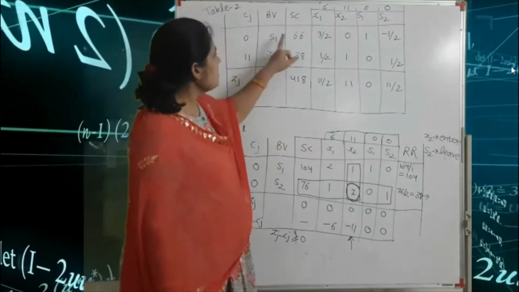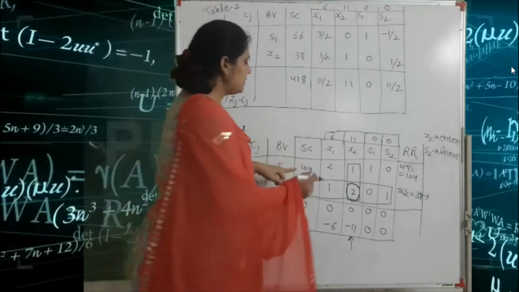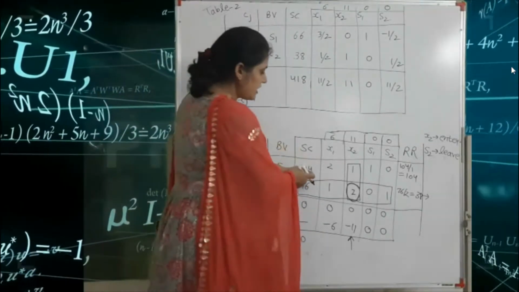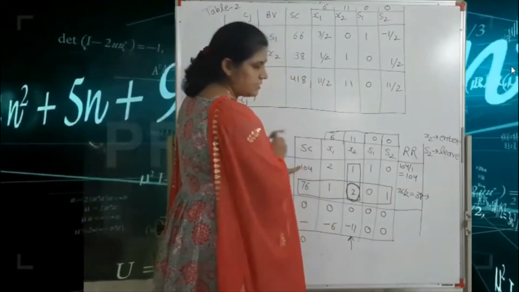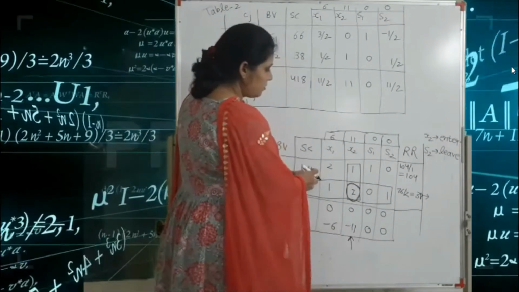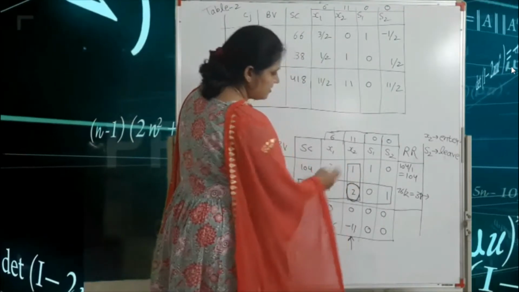Next we write this value. There is some change, the 104 place. For changing the 104, the key number is multiplied by 104. So 104 into 2 is 208, minus the determinant, 76 into 1.